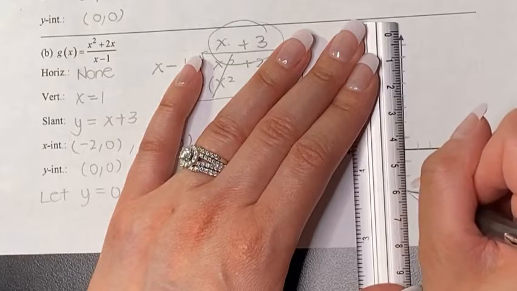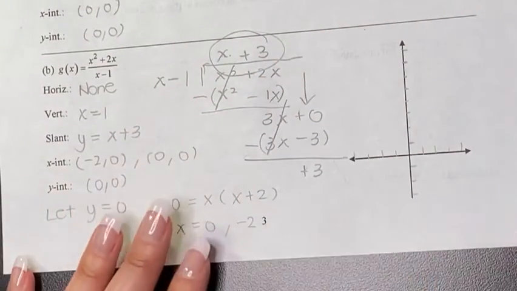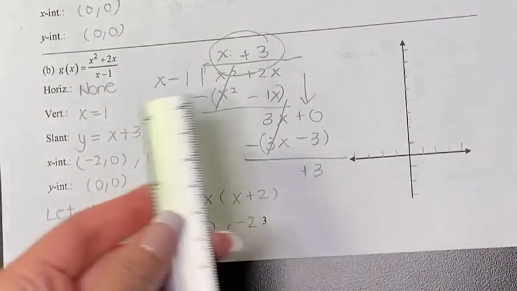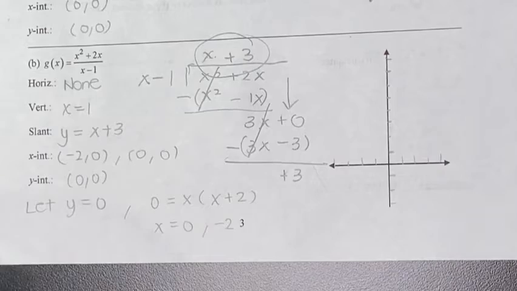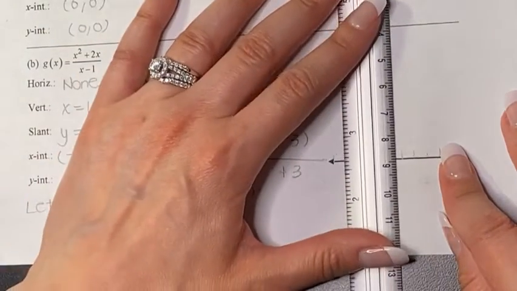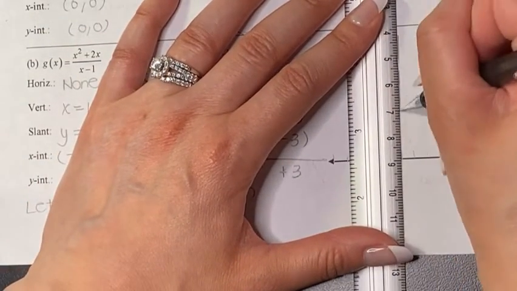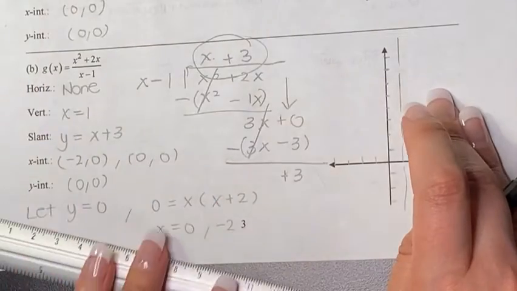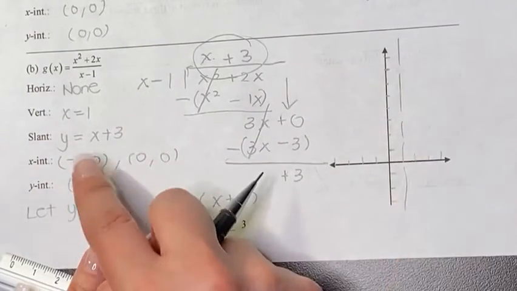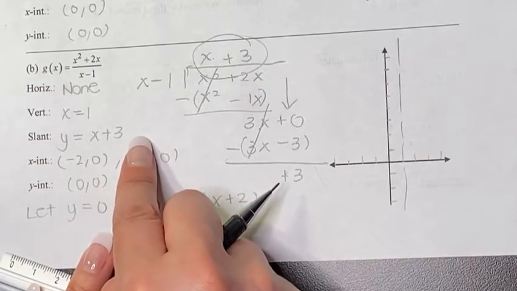And 1, 2, 3. Okay, so I think with that is enough. So let's start with the vertical asymptote. The vertical asymptote is x equals 1, so we know that it's going to be over here. The slant asymptote, you know that it's going to be y equals x plus 3.